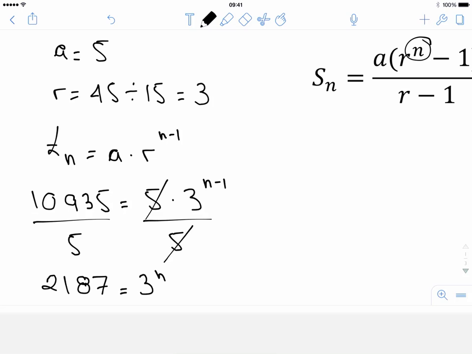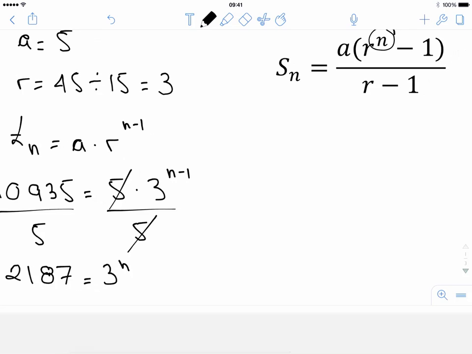In fact it is. 3 squared, then the powers 3, 4, 5... So 3 exponent 7 gives me the right answer.